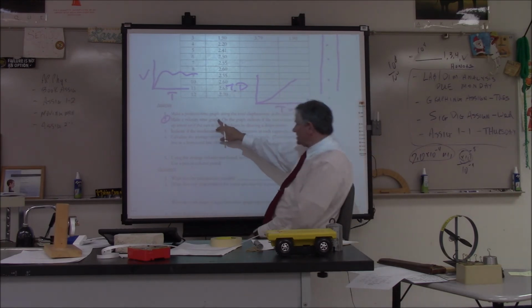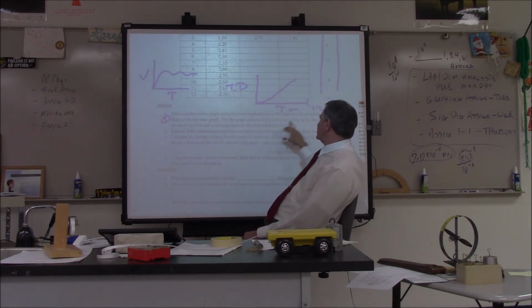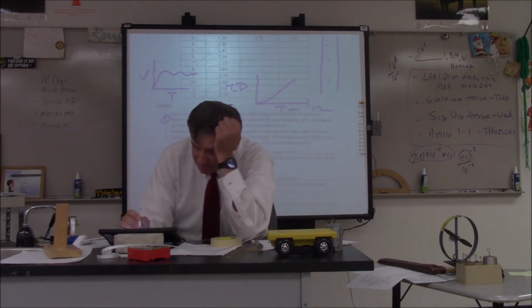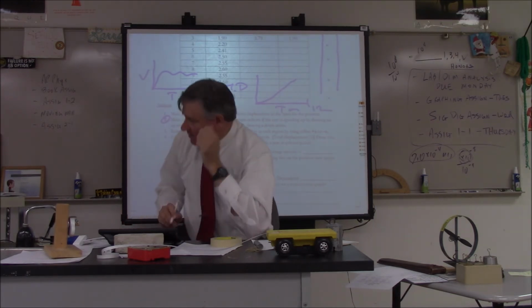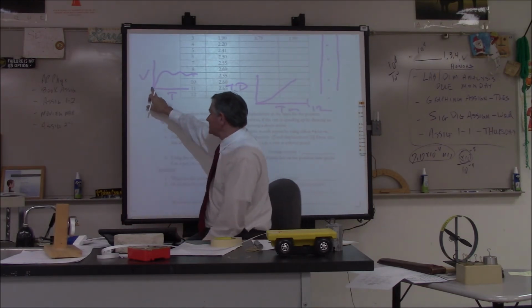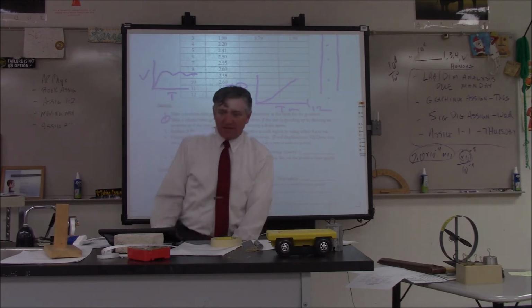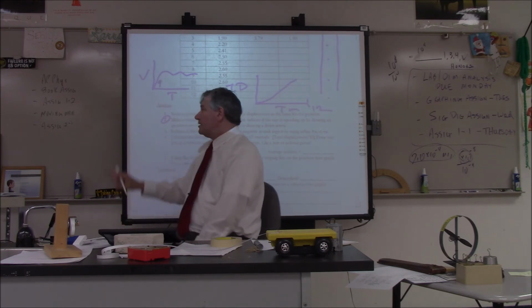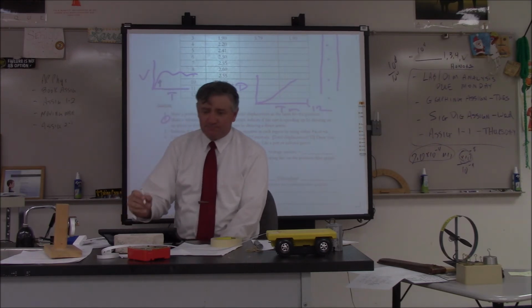Now, on the velocity time graph, I'm going to tell you, indicate if the car is speeding up or slowing down by drawing arrows. So here's the deal. You're going to come in here, and basically if this line is going away from 0 meters per second, you're speeding up. Okay, I'm going to draw an up arrow. Here it's slowing down.